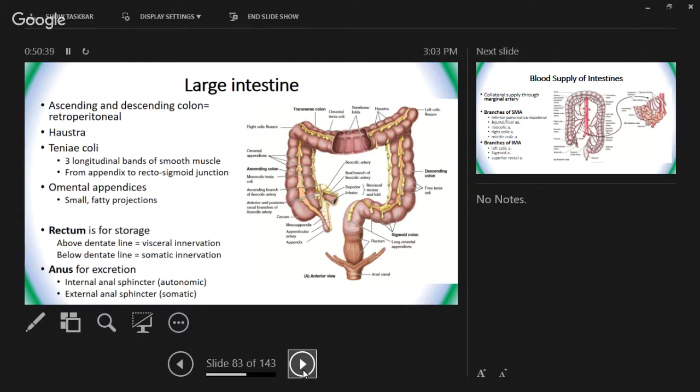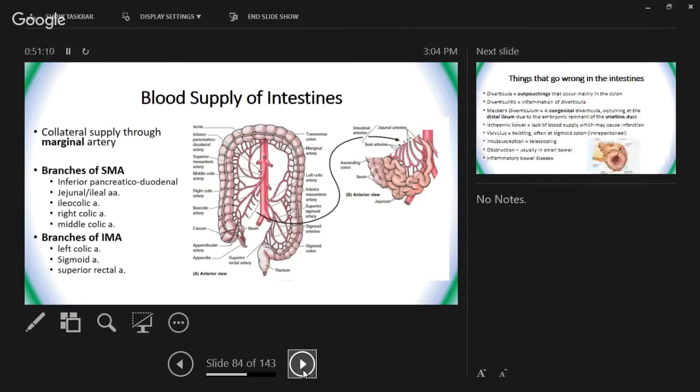The rectum is for storage, so when it fills up you might get the urge to defecate, and the internal sphincter relaxes. But to actually defecate, you need to open your external sphincter, which is under voluntary control. The rectum is where stool is stored, the anus is for excretion. Any questions? Feel free to interrupt us.